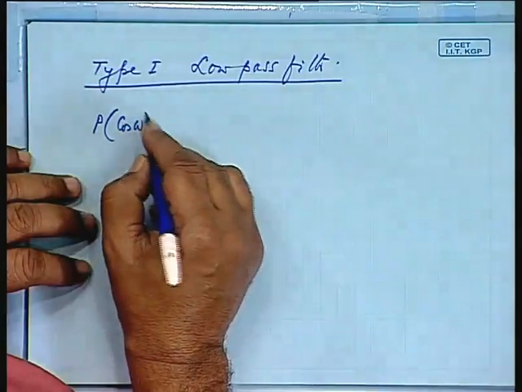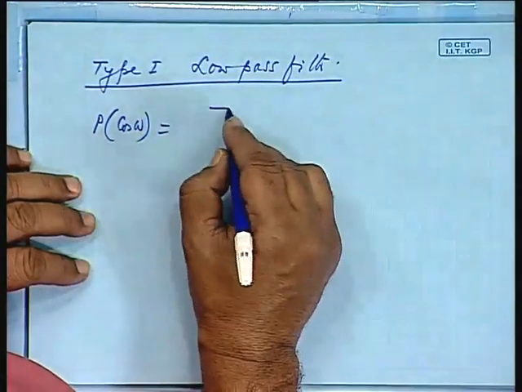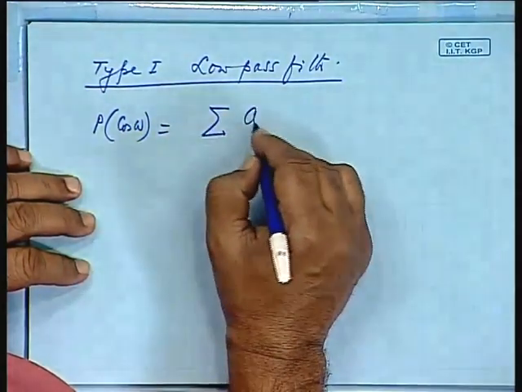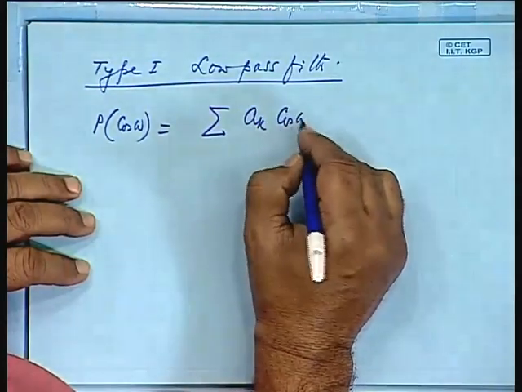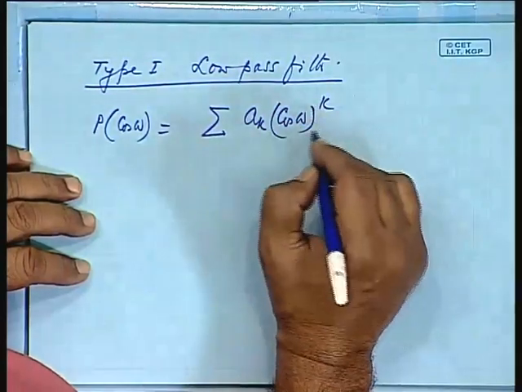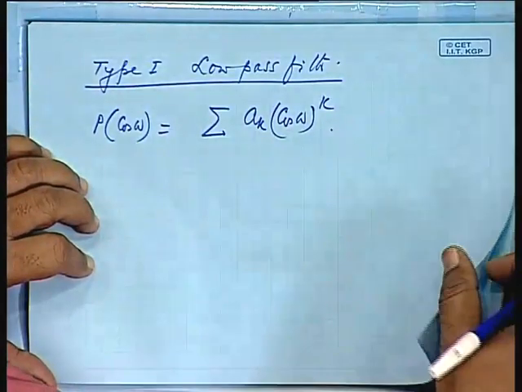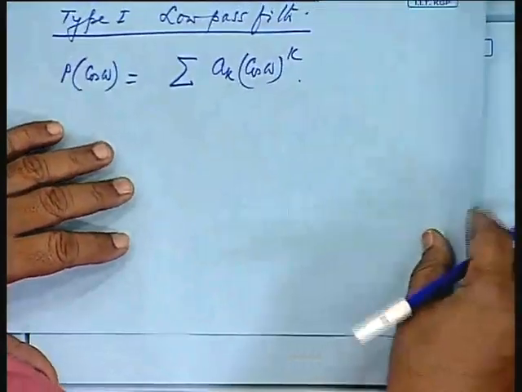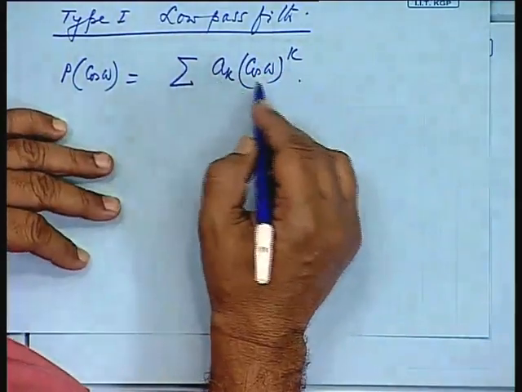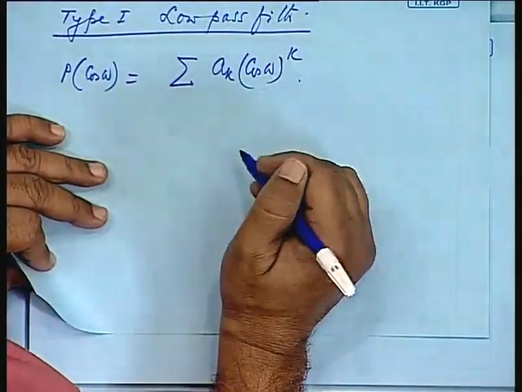In that case, if you remember, in an earlier class we had derived that the polynomial can be written as the sum of a k cos omega to the power k. After summing up, we can write in this form.